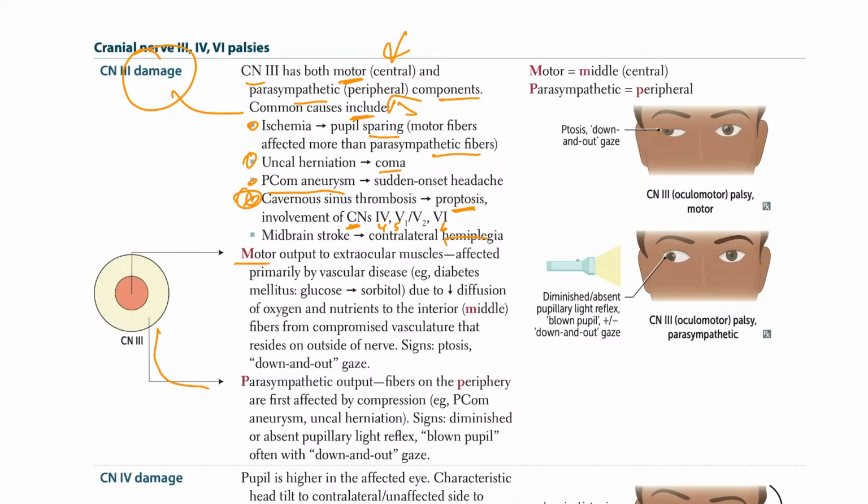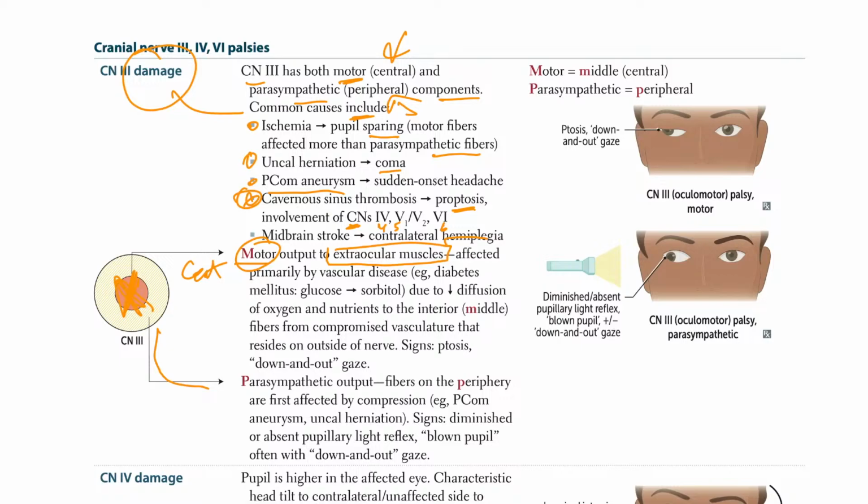Now is the important part: the central part, the motor part, sends the outflow to the, because it's a motor, so guess what motor thing are we looking at in the eye? All the extraocular muscles, right? Muscles of the eye are the motor things. So the central part supplies the extraocular muscles. So if you knock this out, where and when do you knock it out?